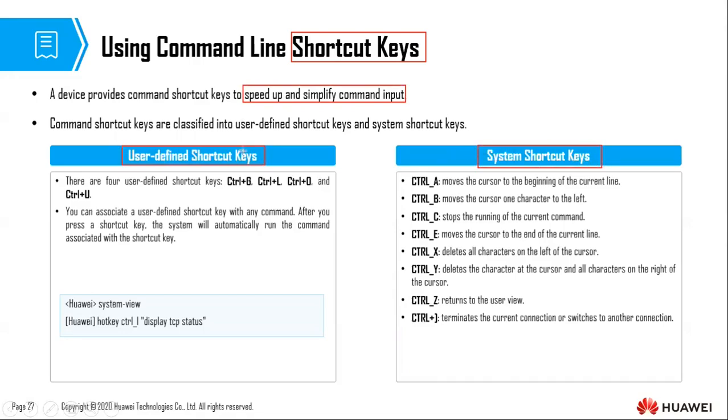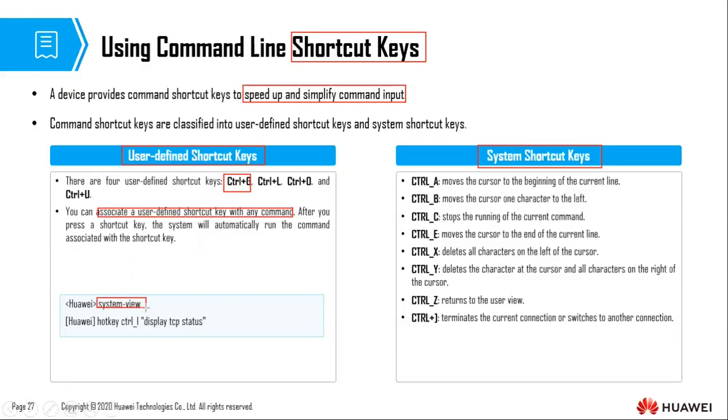So user-defined means you've configured it. So you can configure Control G, for example, Control L, Control O, and Control U. When you do that, you are associating a user-defined shortcut key with any command. This is just an example.